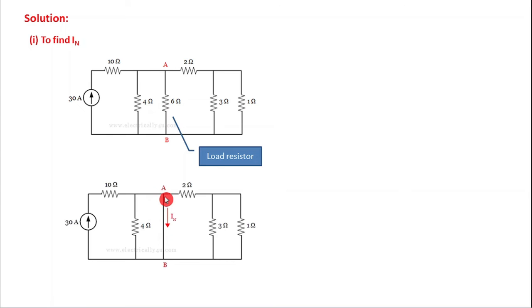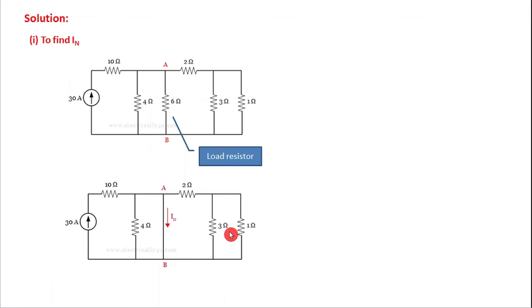Since the path AB has low resistance, maximum current will flow through this path. It has nil resistance. This is a shorted path which has low resistance.